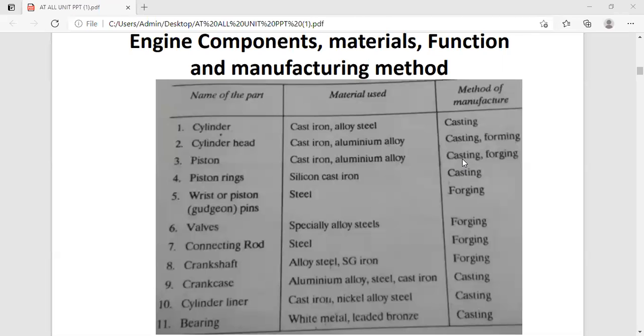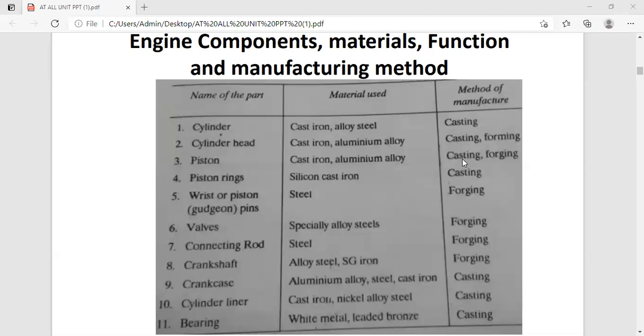Piston rings are made of cast steel to prevent the leakage of gases to the crankcase. The upper ring is called the compression ring, and the lower ring is the oiling ring.